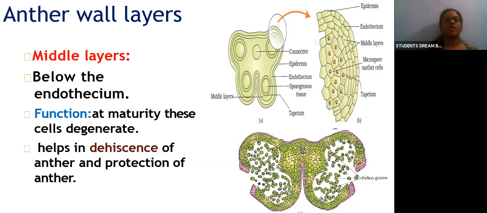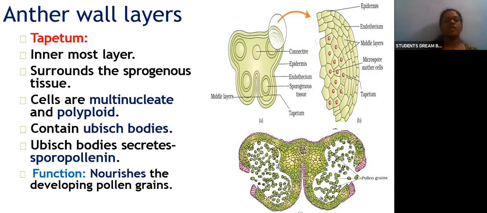Next is the tapetum, the innermost layer. This is considered the innermost layer, but you still have the sporogenous tissue surrounded. Here the cells are multinucleated: there will be multiple nuclei and it is polyploid. It contains some structures called Ubisch bodies. These Ubisch bodies will secrete sporopollenin.